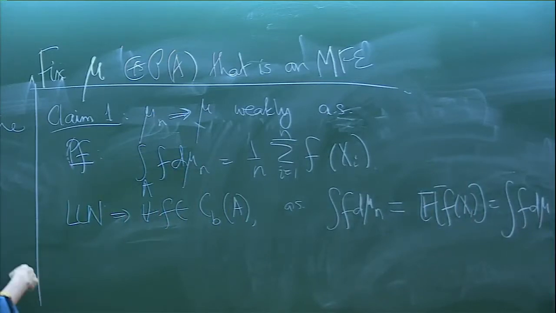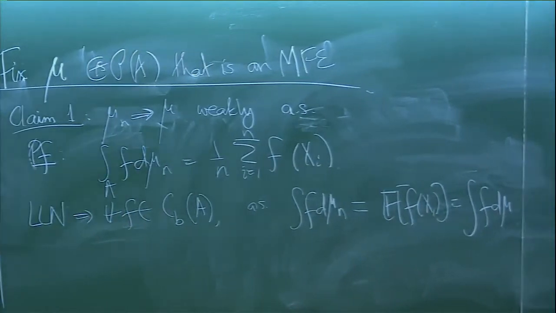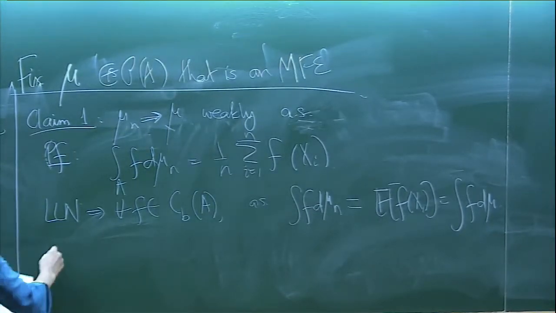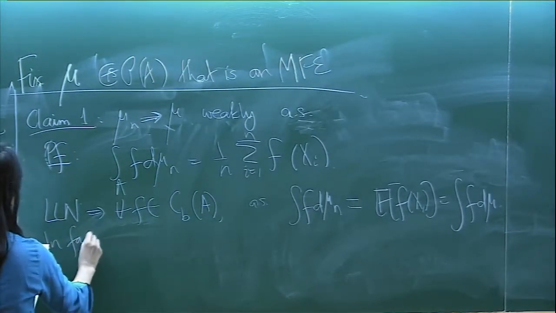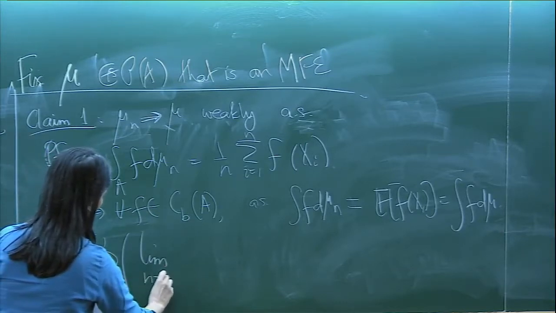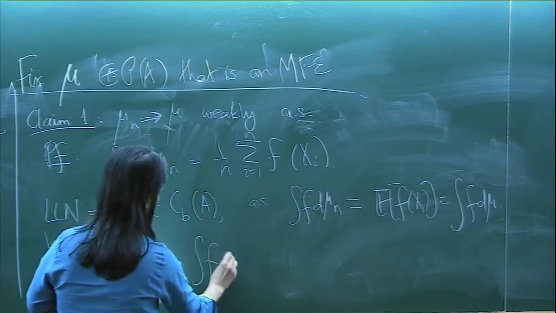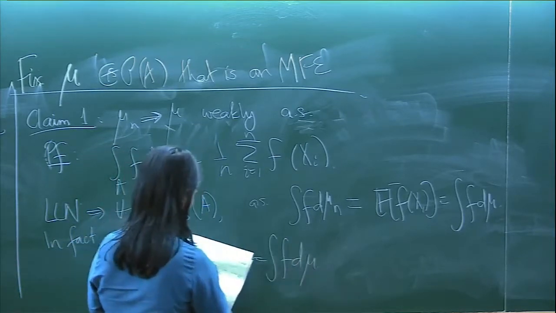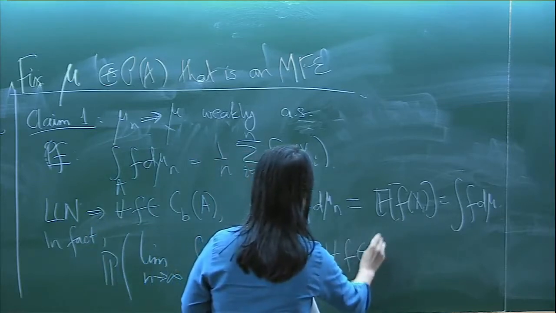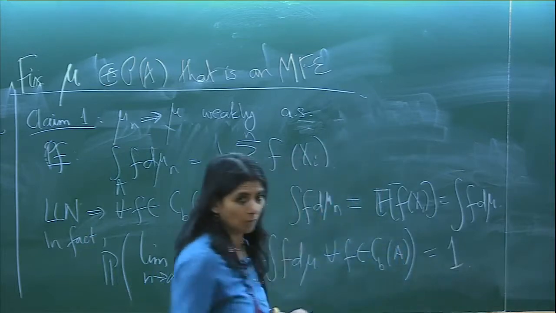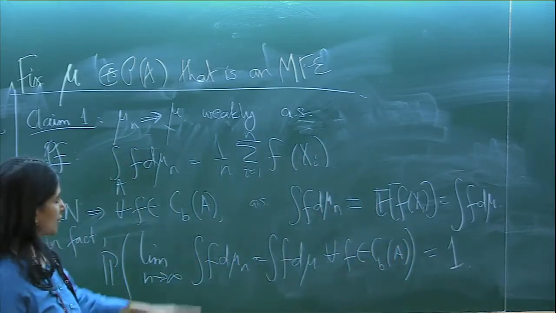We want the probability that these things converge to be 1 for all f. So we want to say, in fact, that the probability that the limit as n tends to infinity of the integral of f d mu_n equals the integral of f d mu is 1. So it's just about the null sets.